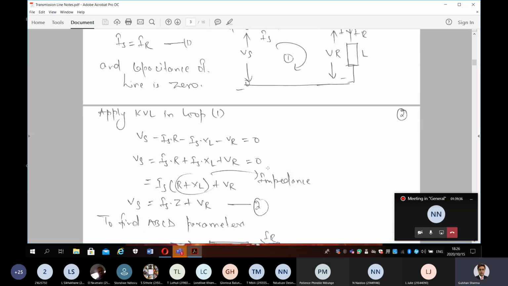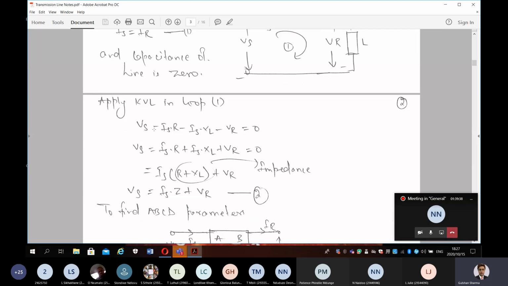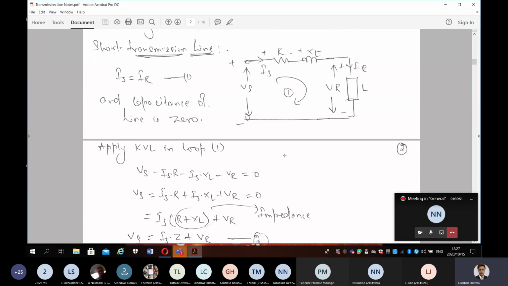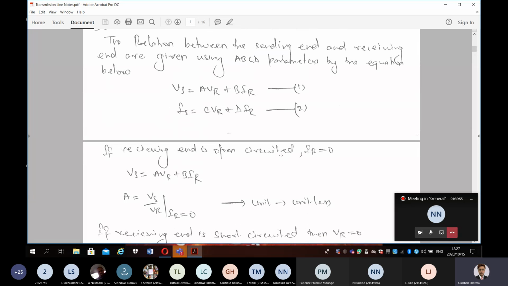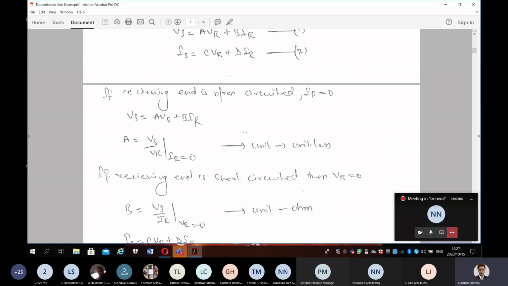In very simple steps, after that, these terms are taken to this side. So it will be Vs equals Is into R plus Is into XL plus VR. Now it's very important, guys, that whatever you do, you have to remember one thing: all your equations should end up in this form, Vs equals AVR plus BIR, Is equals CVR plus DIR.